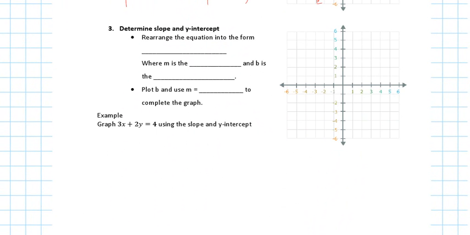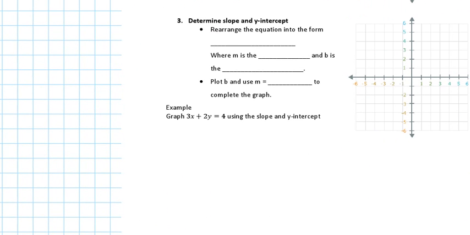Okay. Now, the third way, you have to have it in what we call the slope y-intercept form. So, remember we talked earlier that if you have ax plus by plus c equals 0, that means it's a linear function, right?